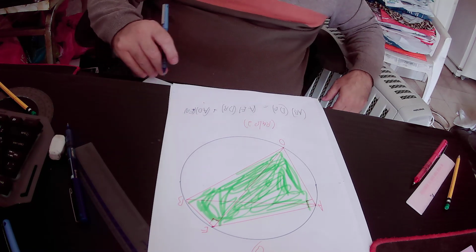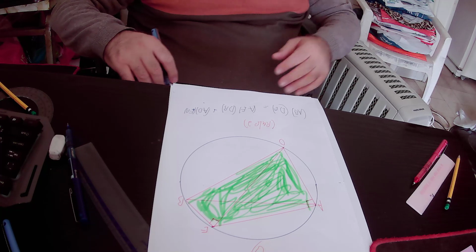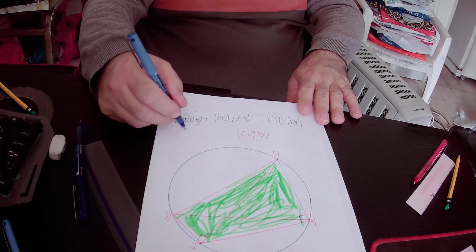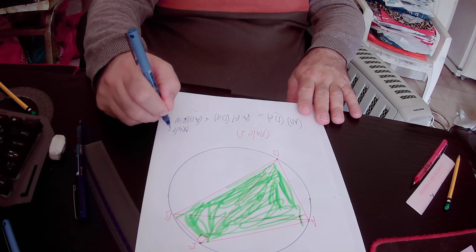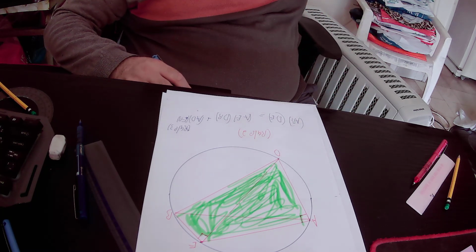Okay, so I repeat again, we implemented rule number 3 in our drawing. We can implement rule number 3 in our drawing because in our drawing we have a quadrilateral that is inscribed by a circle.